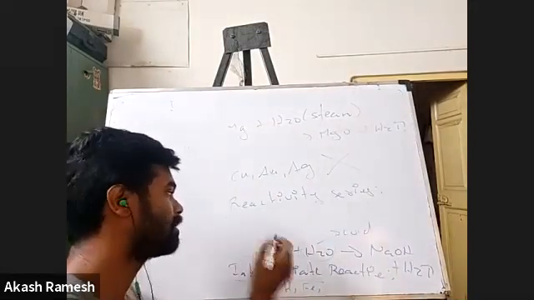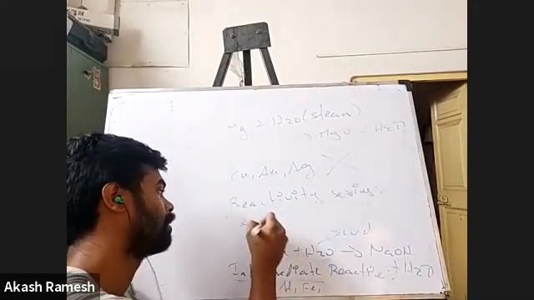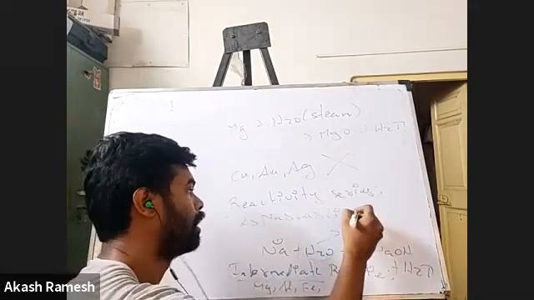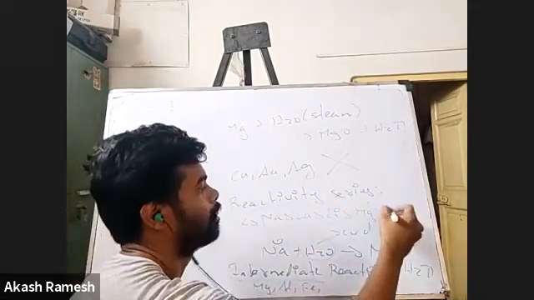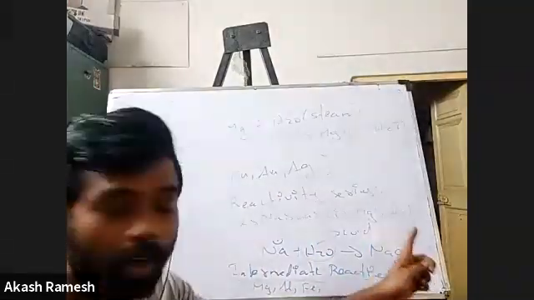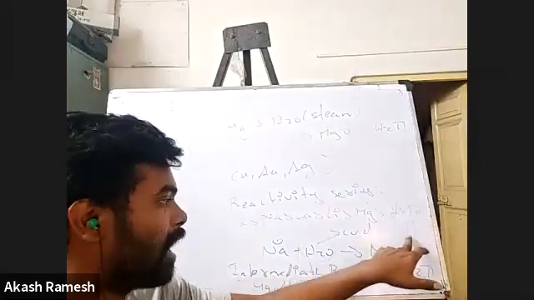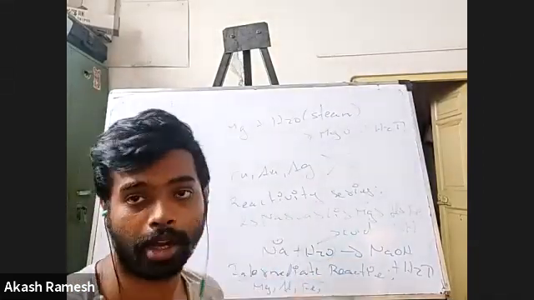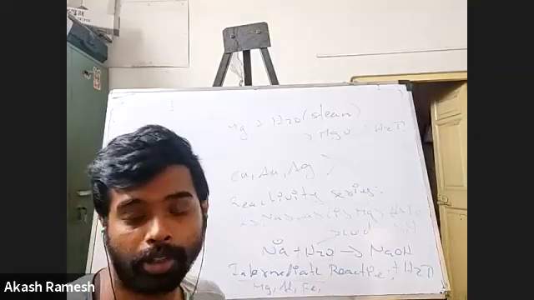Okay, reactivity series, for example: sodium, potassium, calcium, lithium, magnesium, aluminium, iron, then comes hydrogen. After iron, you see hydrogen. Hydrogen can behave as a metal as well as a non-metal. That's an anomaly, isn't it? That you have studied in the periodic table also.